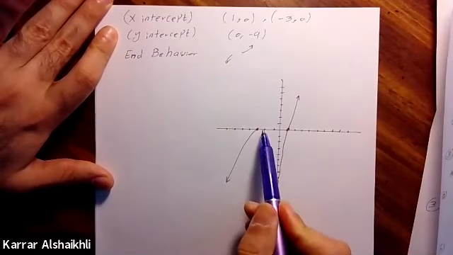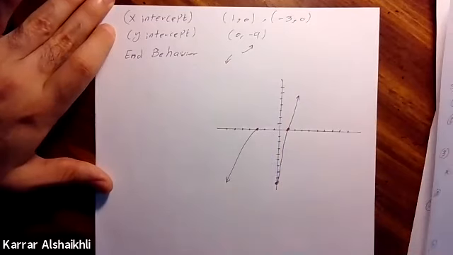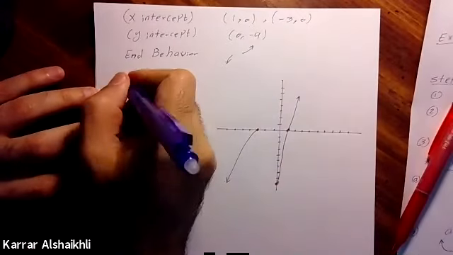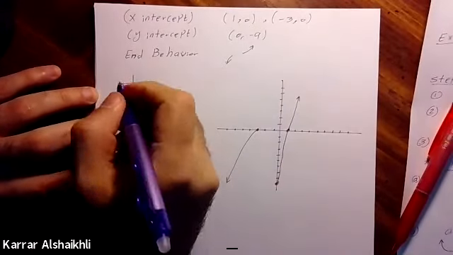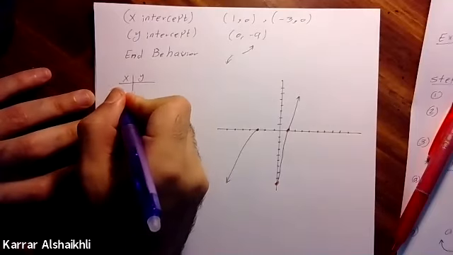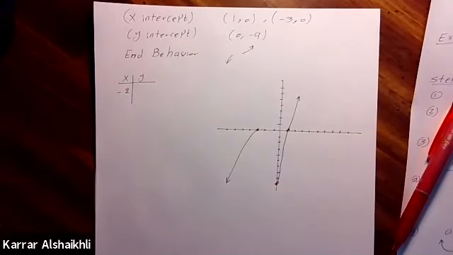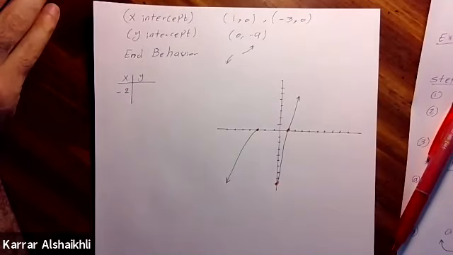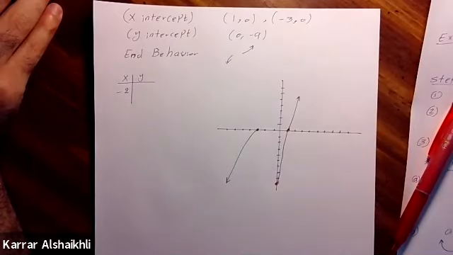Let's choose -2 as an extra point. So let's choose an extra point, x = -2. If we plug -2 into the function, what is going to be the result?